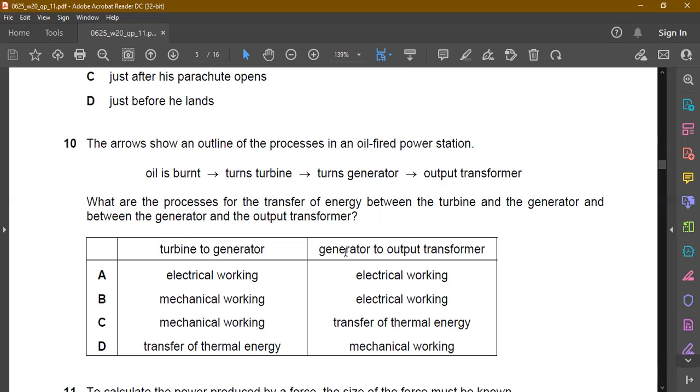And then the output of the transformer is electrical energy. So in this process, it converts from kinetic energy to electrical energy. So I think the best answer for this one is B. For the generator to output transformer, it is electrical working.